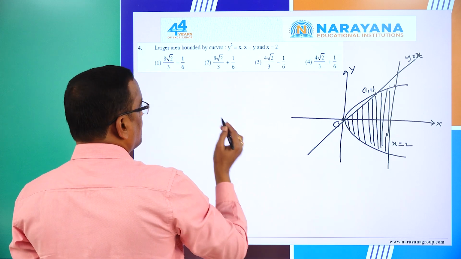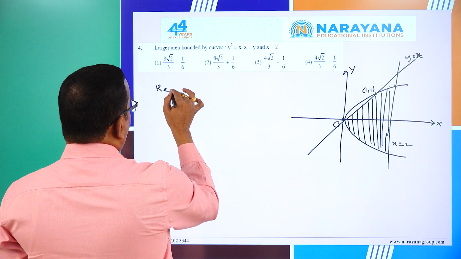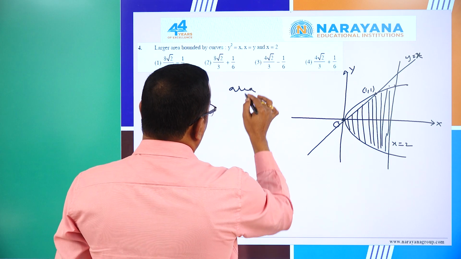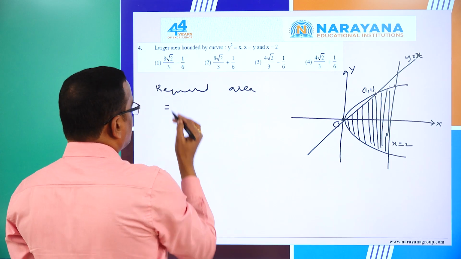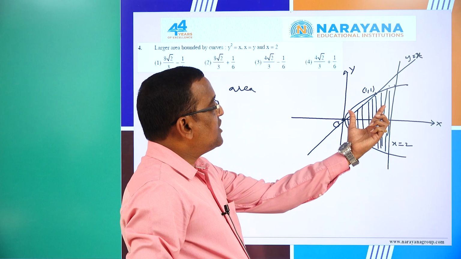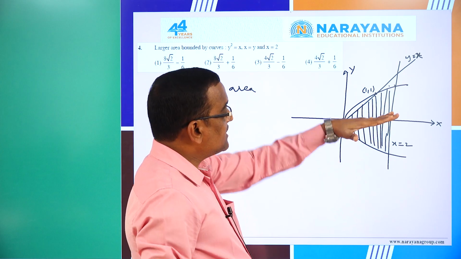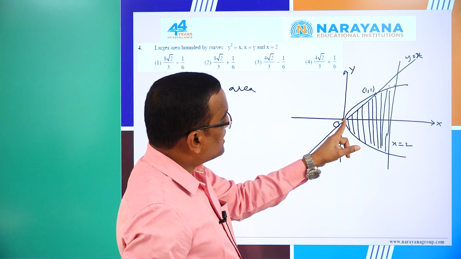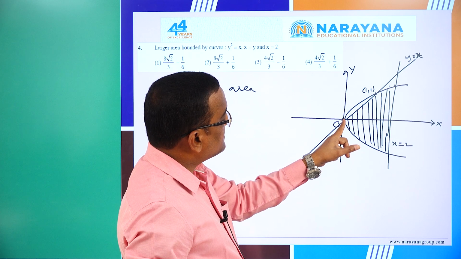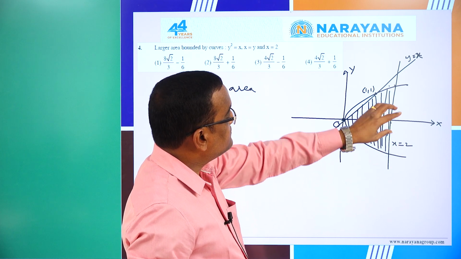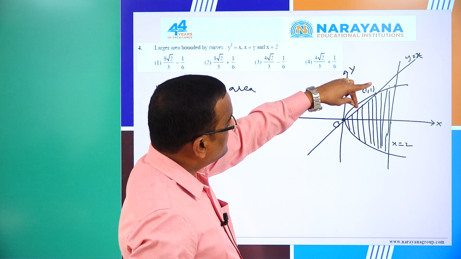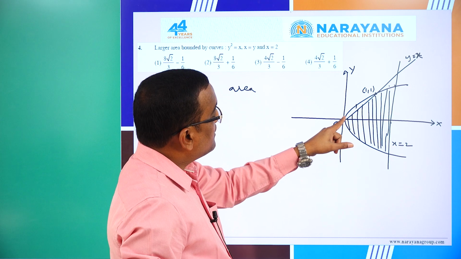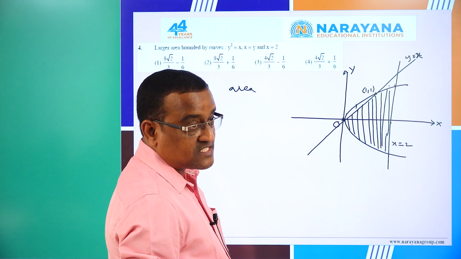See here, the required area is the area of the upper portion first, that is above the x axis, that is the area bounded by the parabola between the lines x equal to 0 and x equal to 2. I have to exclude this portion. This is the portion bounded by the parabola and the line y equal to x.